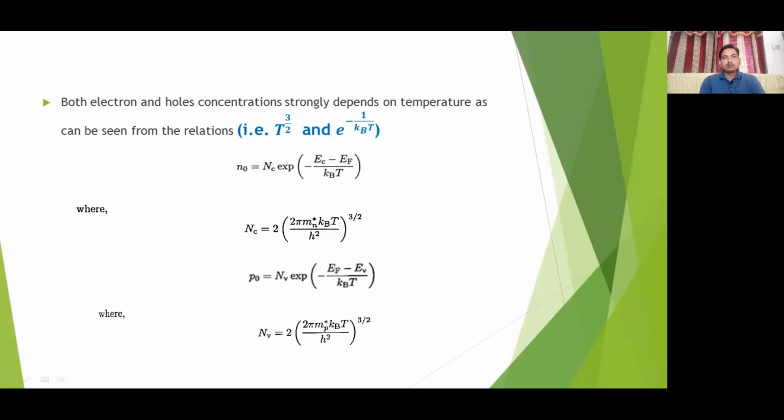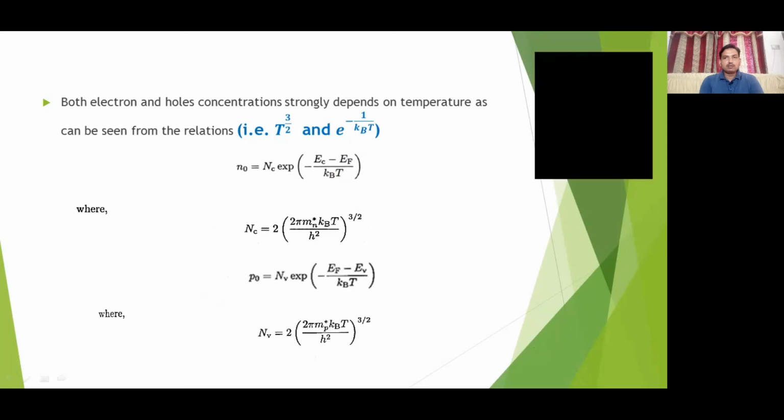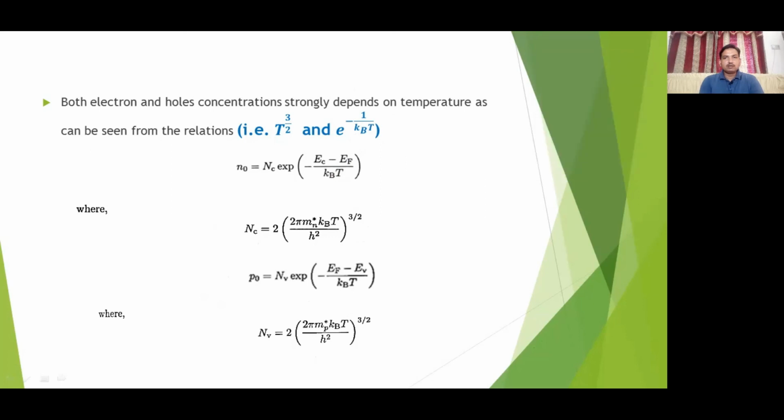Both the concentration of electrons as well as the concentration of holes depend upon T to the power 3 by 2 and the exponential of minus 1 over KBT, where the temperature dependence is very clear, and you can verify that this is KBT in the denominator of the exponential and this is the T power 3 by 2 part, which lies in the NC.